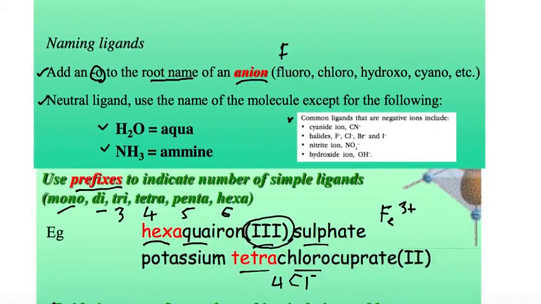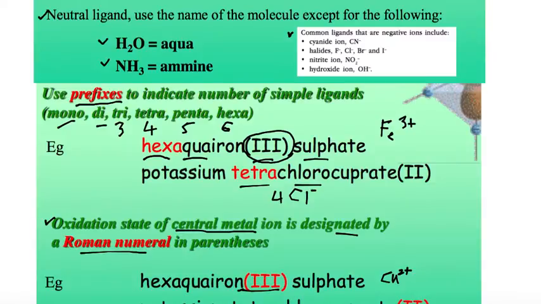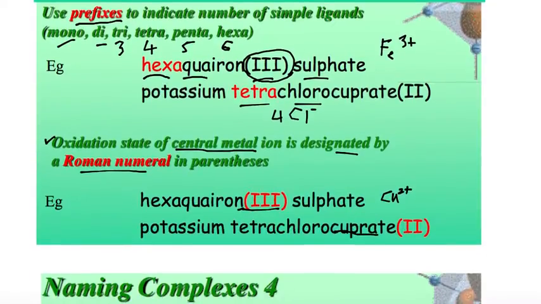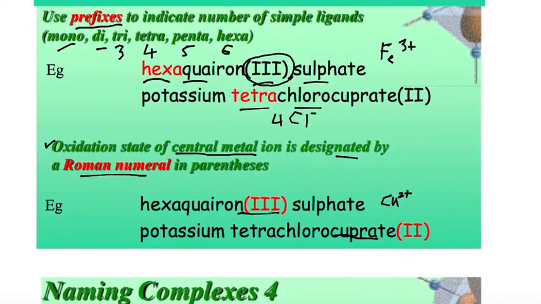Some examples are available here. Please determine the oxidation state of the ion, and make sure to include that as a Roman numeral.